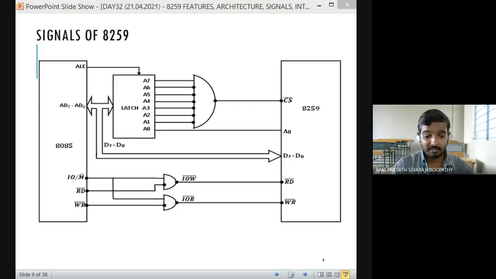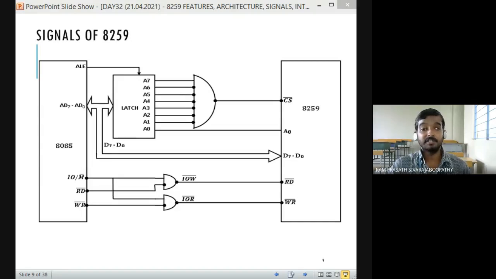Totally we have an 8-bit address, right? What logic must A7 have? By considering this interfacing diagram, A7 must be 1, A6 must be 0, A5 must be 0, A4 must be 0, A3 must be 0, A2 must be 0, A1 must be 0. Okay, A0 can be either 0 or 1. Fine.